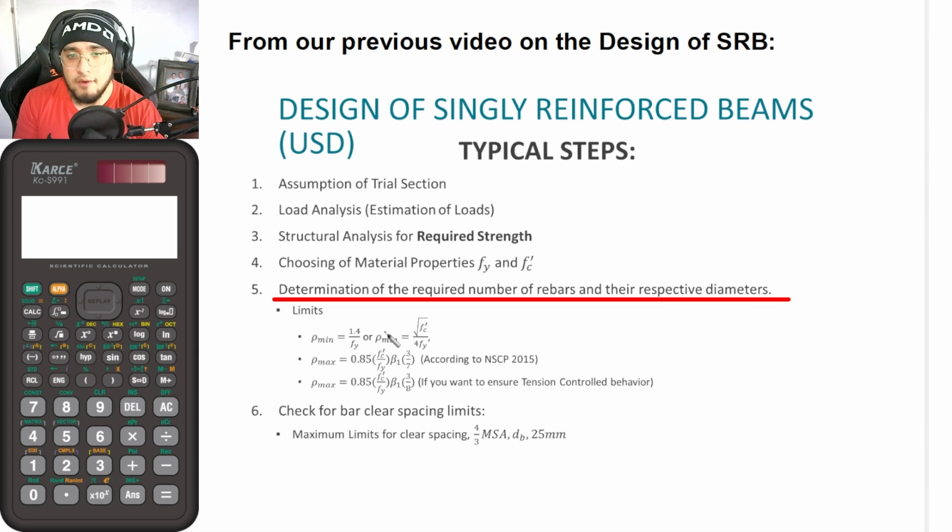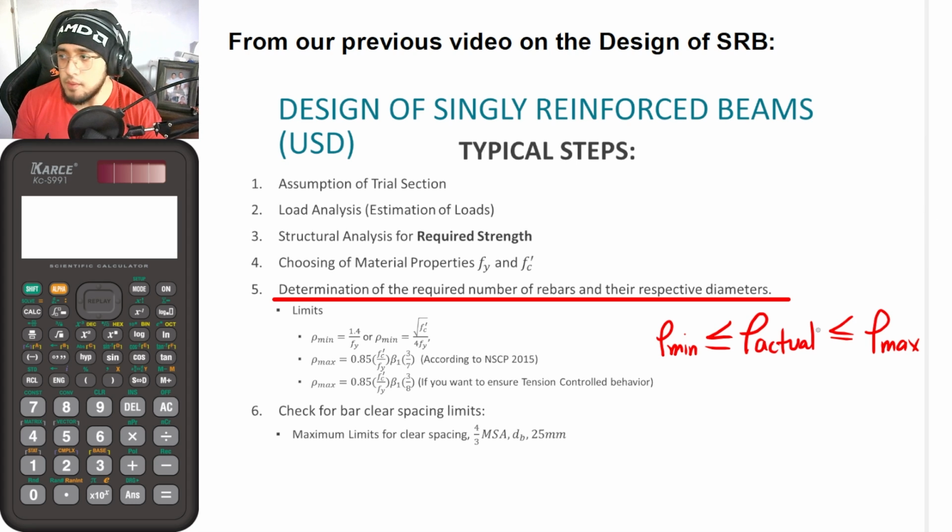Once you have solved for rho required or AS required, take note that according to the code, we have our limits. The first limit is the minimum. The code states that the actual steel ratio must be greater than or equal to the minimum steel ratio, and it must be less than or equal to our maximum steel ratio.